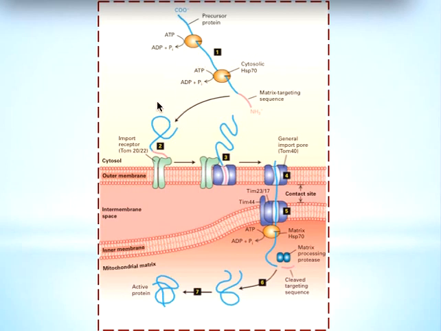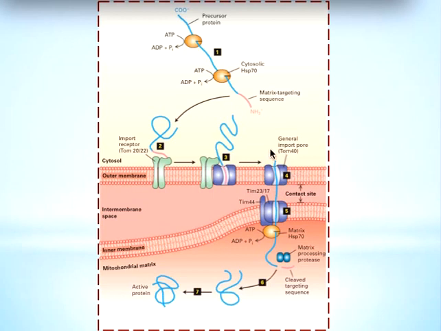Now these unfolded or partially folded proteins are captured by certain import receptors. In this case it is TOM20/22. TOM stands for translocon of outer membrane. Upon capturing this particular polypeptide, this TOM20/22 protein comes closer to a general import protein, and then this polypeptide is transferred to this general import protein.